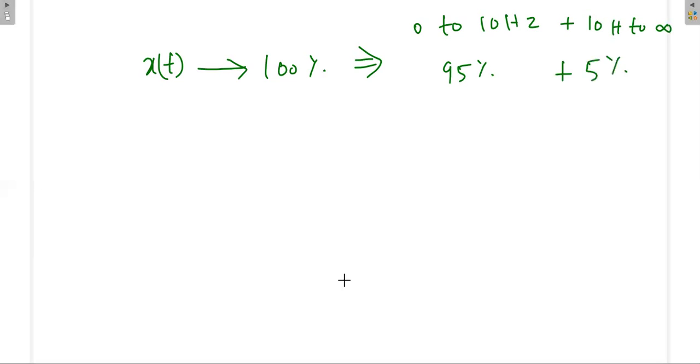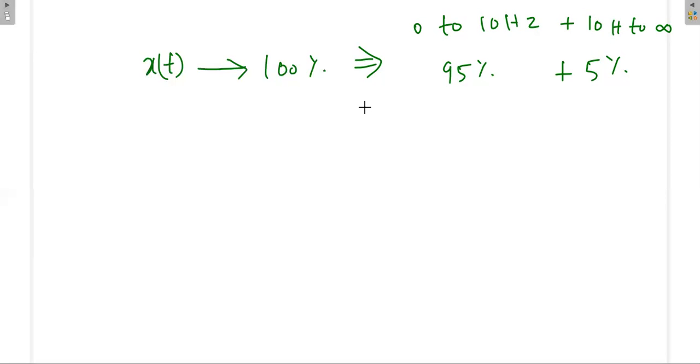For example, this is the case I am assuming. In general, the signal has 100% of the information, which I am splitting like this: from 0 to 10 hertz, 95%, and from 10 hertz onwards, 5%.